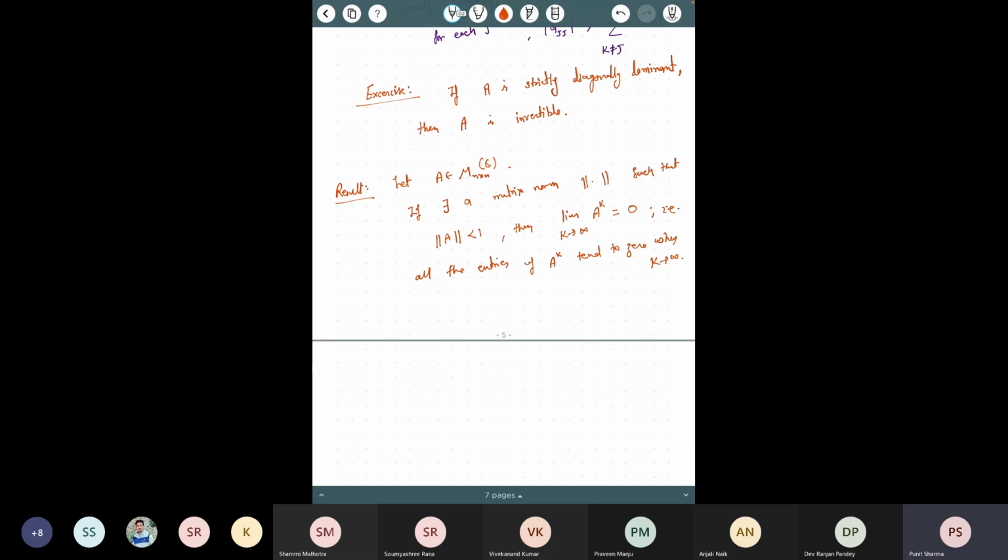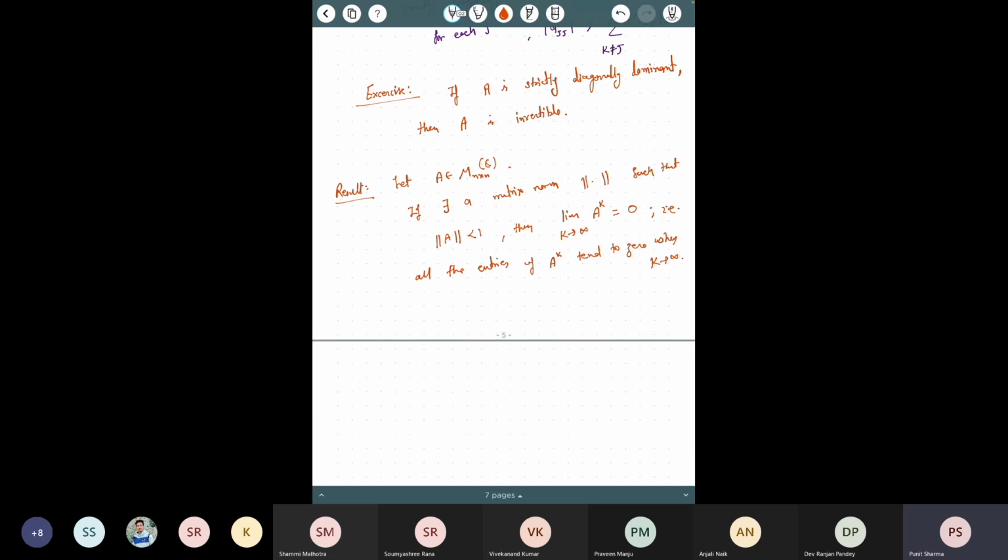You just need to find a matrix norm such that the value of A under that norm is less than 1. If you can find a matrix norm such that norm of A is less than 1, then for any matrix norm for which this is satisfied, you are done.